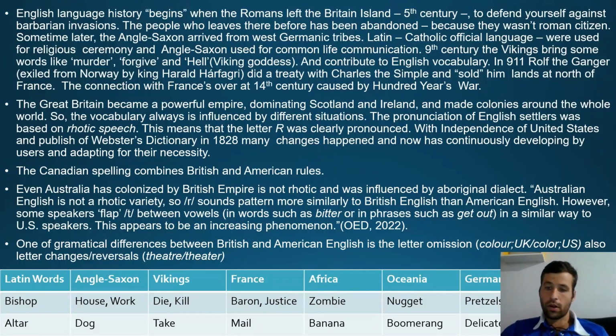Colour and color, we can perceive this, and also letter changes and reversals, like theatre and, in the United States, theater. And here I bring some words so everybody can see the contribution of Latin, Anglo-Saxon, Vikings, French, and also Africa, and we can see the table here below.